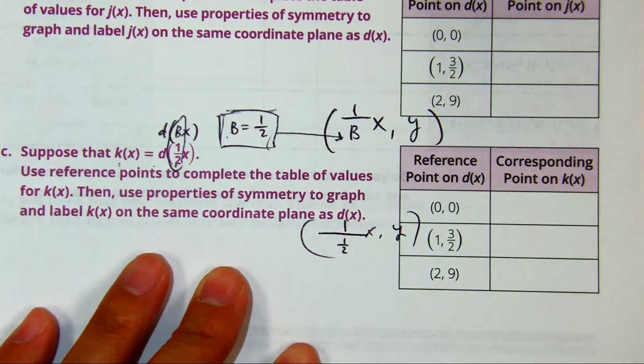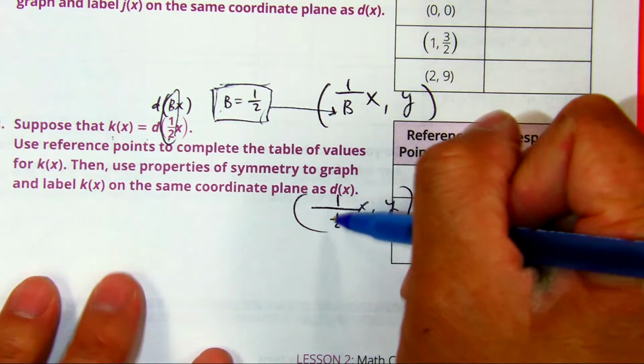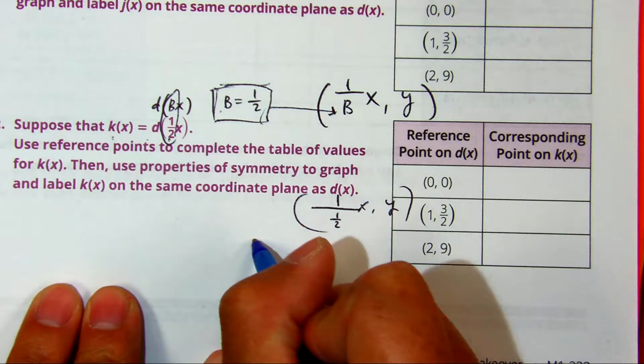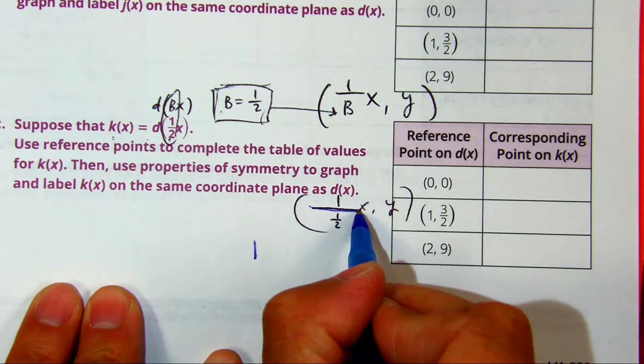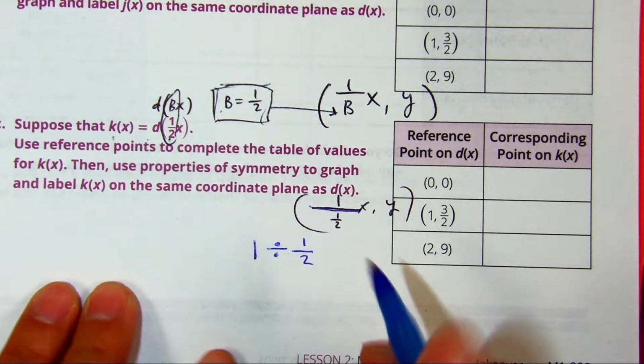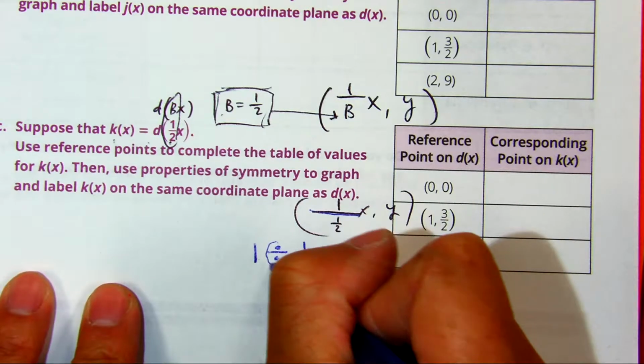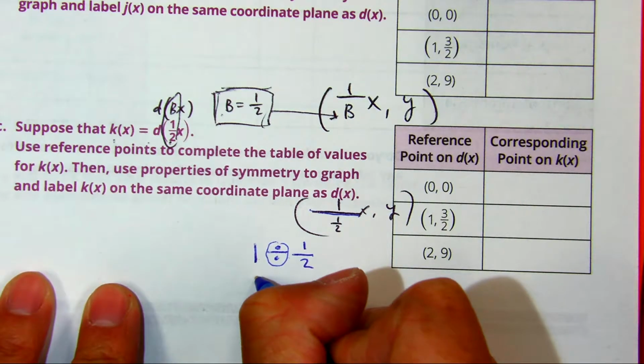Let's simplify this together. I'm going to take this vertical fraction and turn it horizontally: 1 divided by 1/2. I'm going to change the division sign to multiplication.